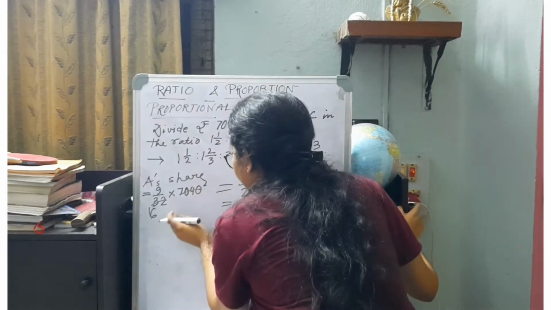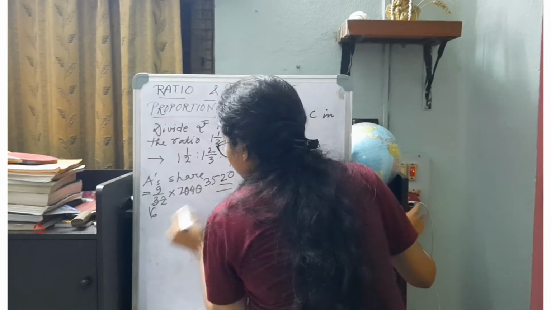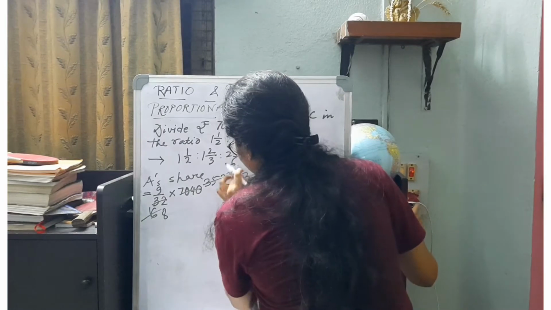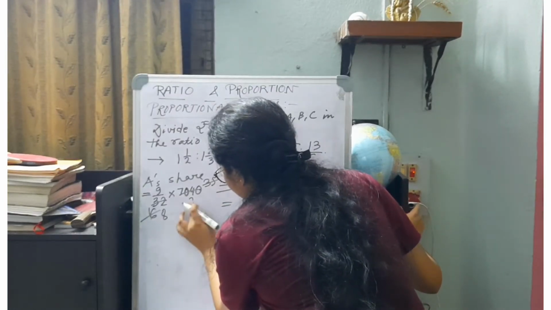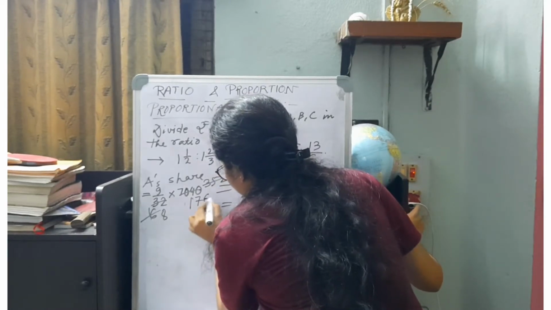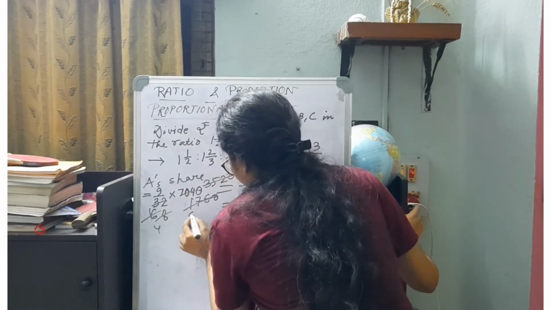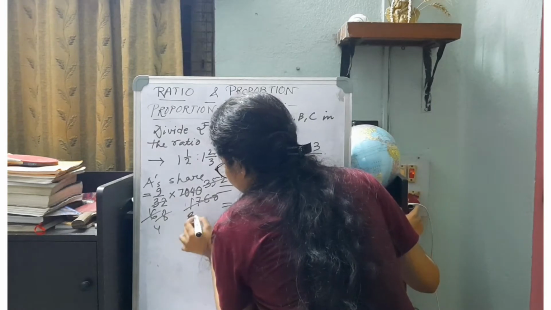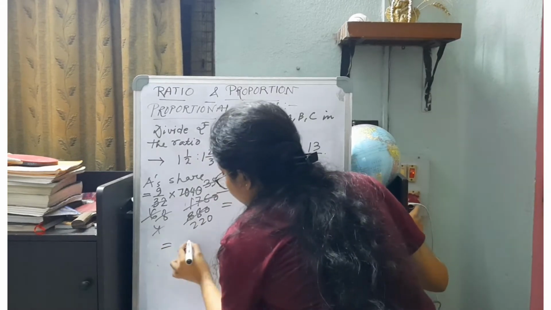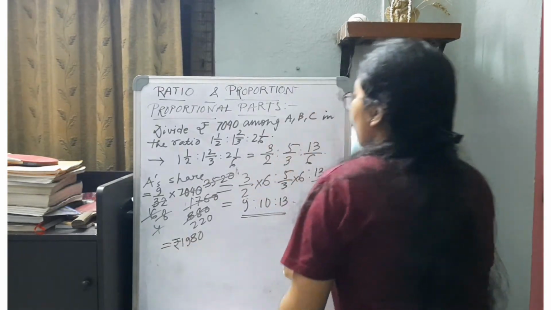Just cancelling and reducing it to normal factors, A's share comes out to be rupees 1980.